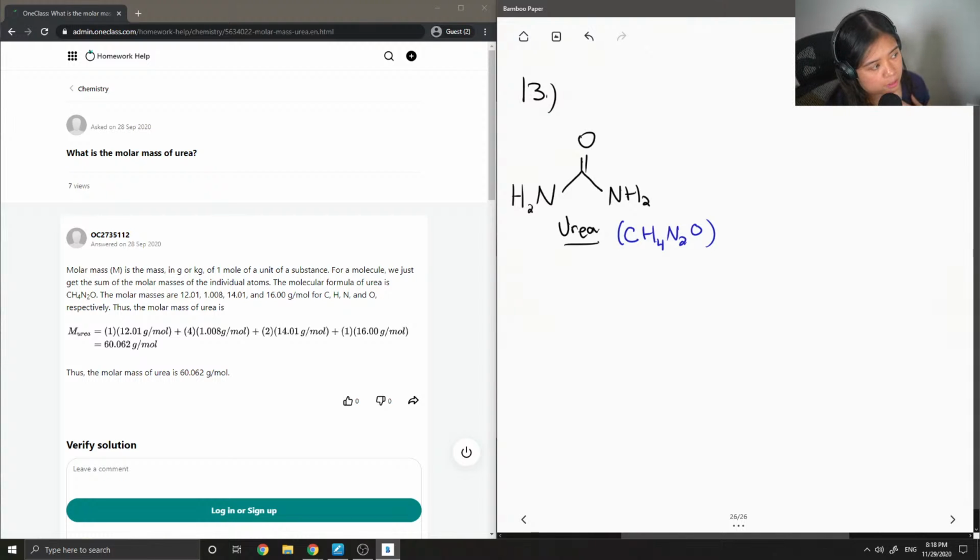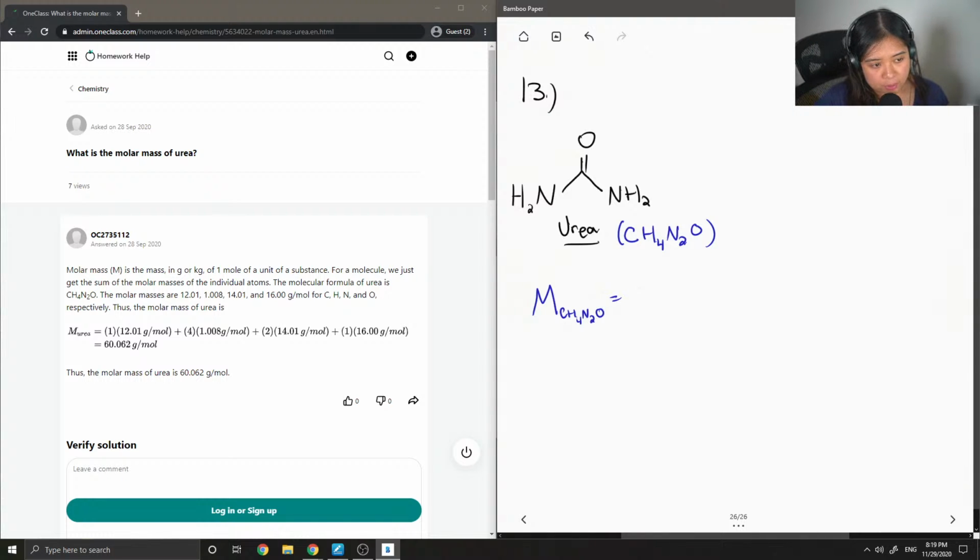So now we want to calculate the molar mass of urea. To do this, we would need all of the individual atomic masses of all of the atoms that are involved. So in this case, carbon, hydrogen, nitrogen, and oxygen. But we also want to take into account how many atoms of each element are in the compound.